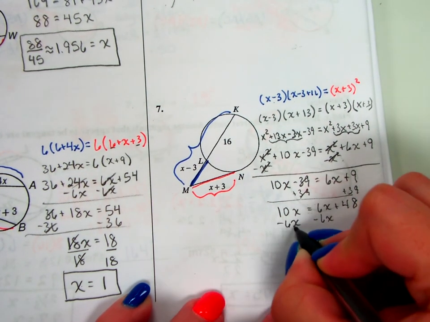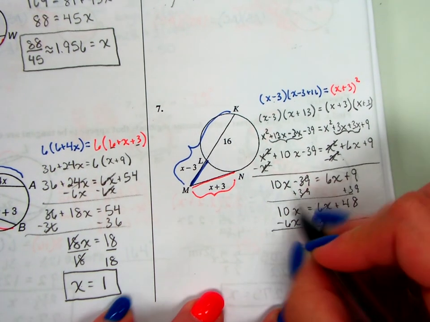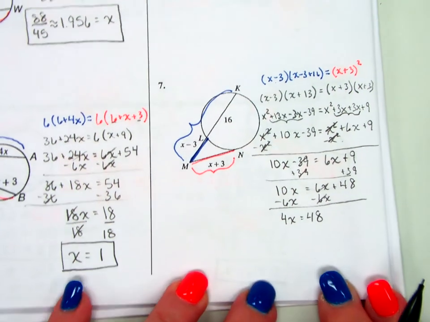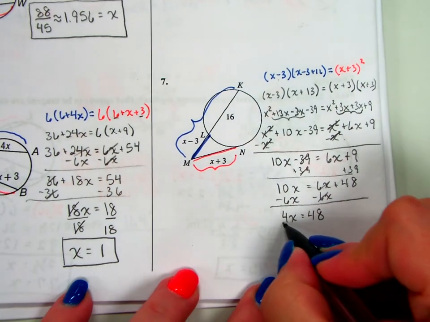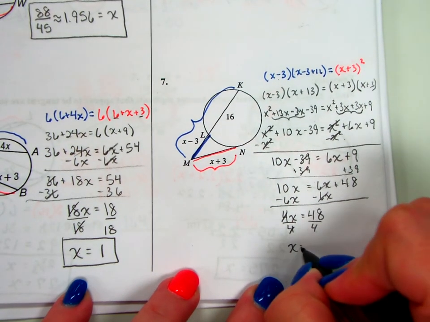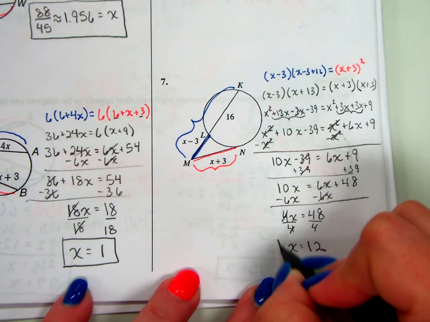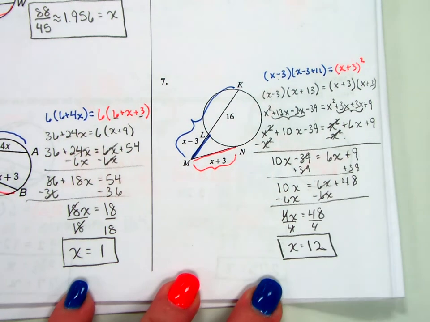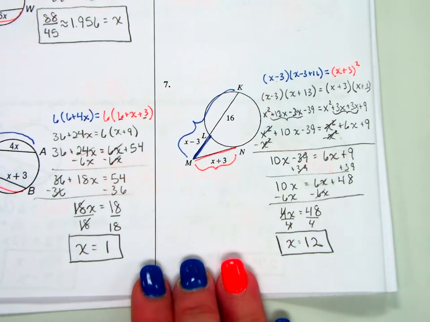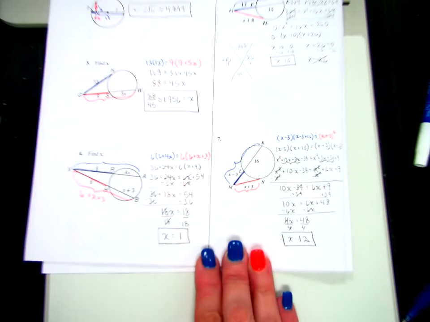Subtract 6x. 4x equals 48. And then divide by 4. And x equals 12. Okay. Any questions on any of these?